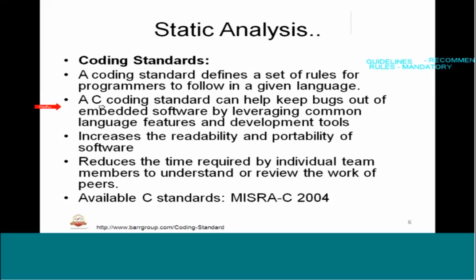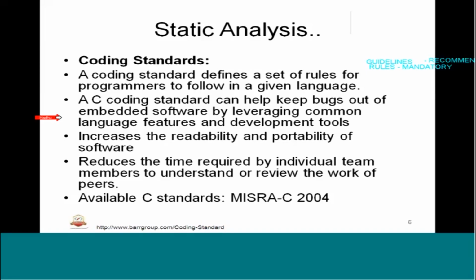Okay, the next one is a C coding standard can help keep bugs out of embedded software by leveraging common language features and development tools. Definitely, there are a number of tools that the programmer should try to use, to check whether that program is having any issue in terms of coding rules, whether there is a violation. Basically, because we may not see the hidden issues of the embedded software, which are laid out purely in the coding standards.